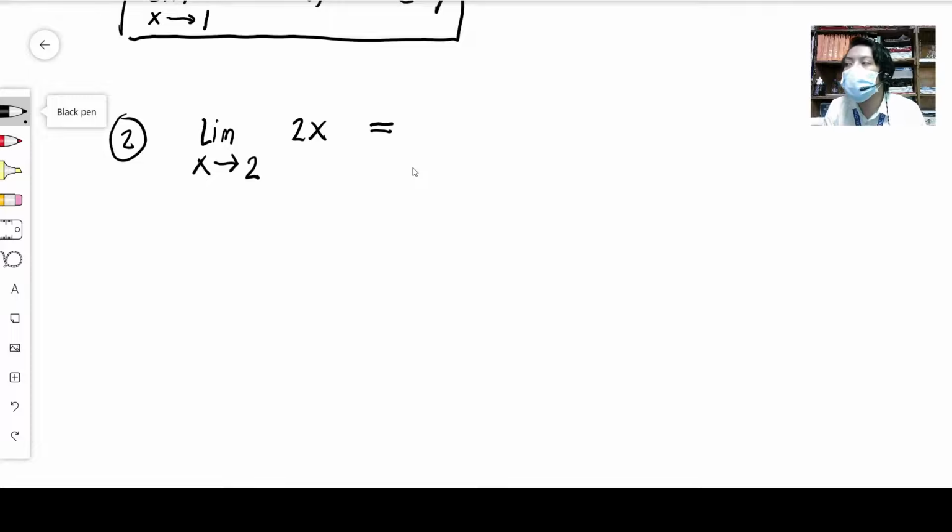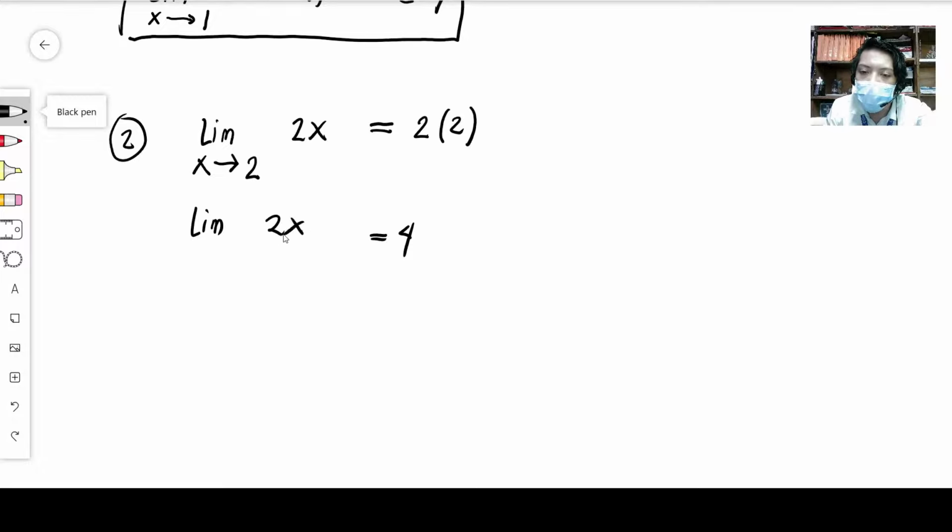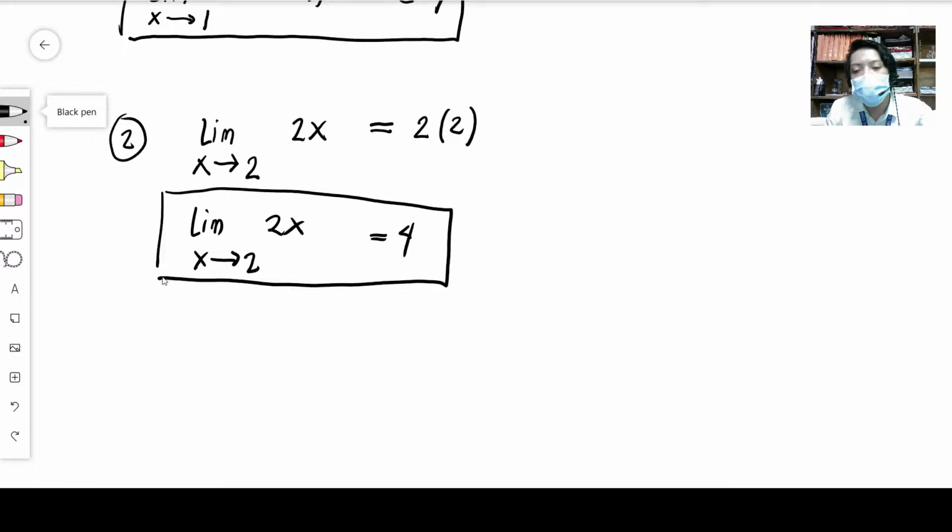You can directly substitute the value of x, the value which x approaches. So this will be 2 times 2, which is equal to 4. Meaning the limit of 2x as x approaches 2 is equal to 4. This is the answer for number 2. So that's how you solve.